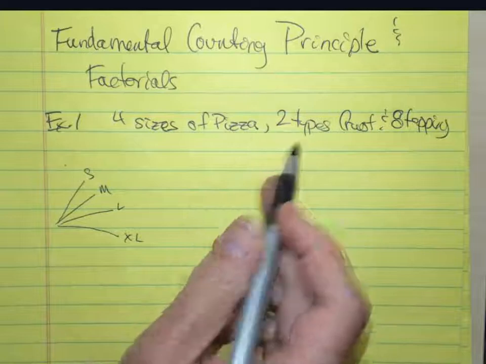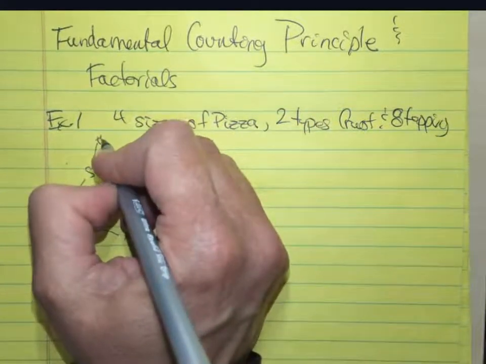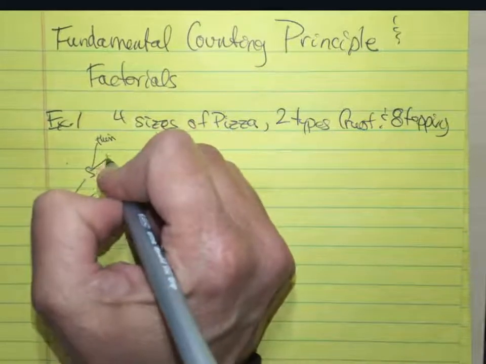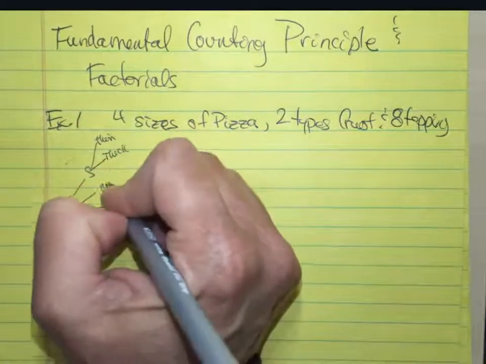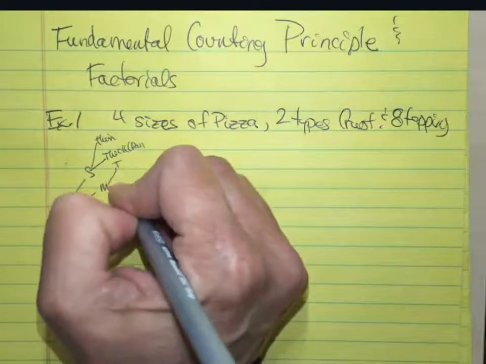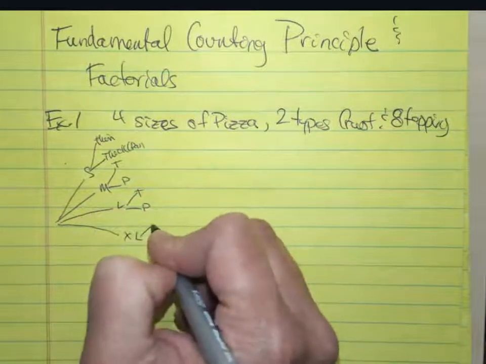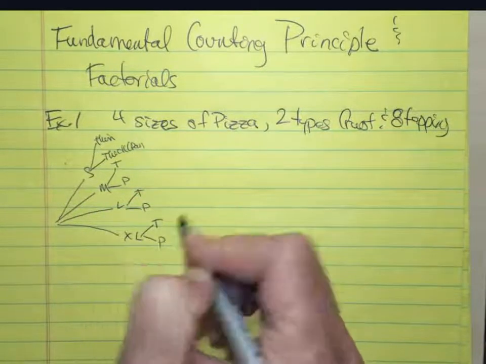And then we'd have 2 types of crust, so maybe thin and thick, or maybe we'll call it pan. There we go. Thin or pan, thin or pan, thin or pan.